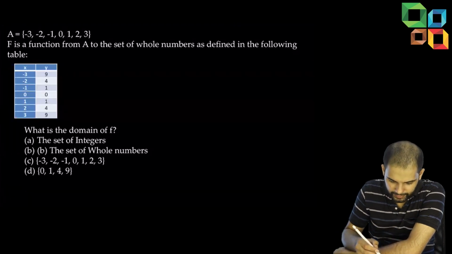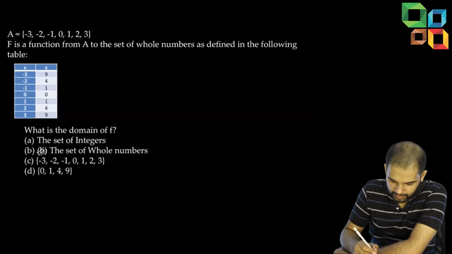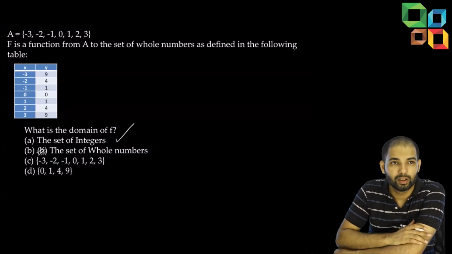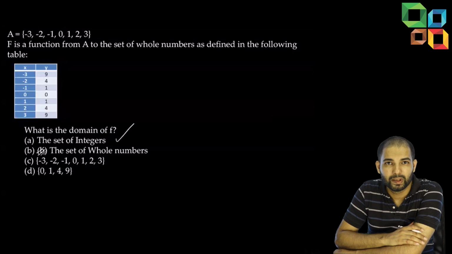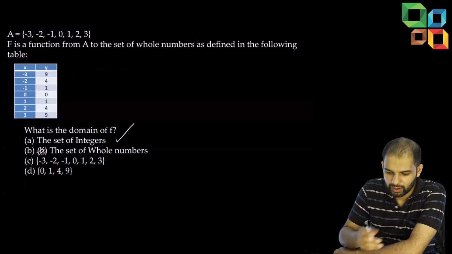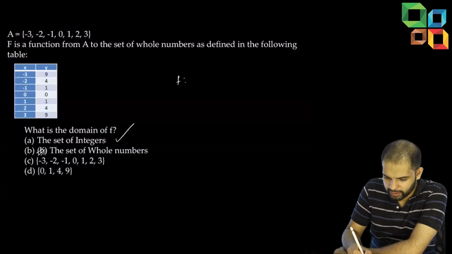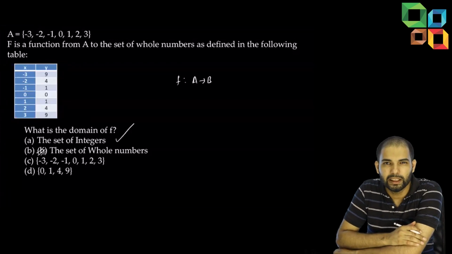So one answer is set of integers. Any other answer? What is the domain of f, right? Let me write this. F of a, A to B. What is the domain? A or B? What is the domain?